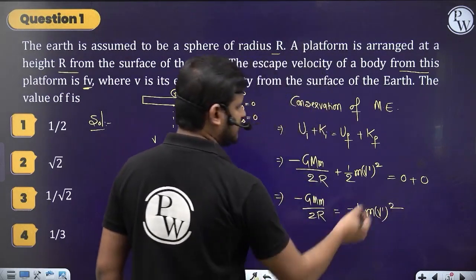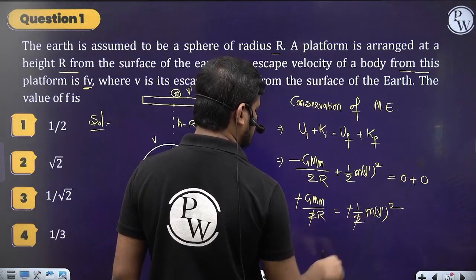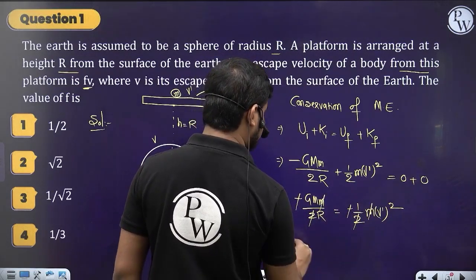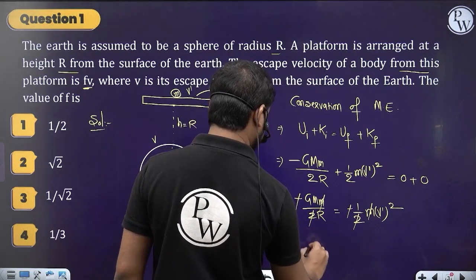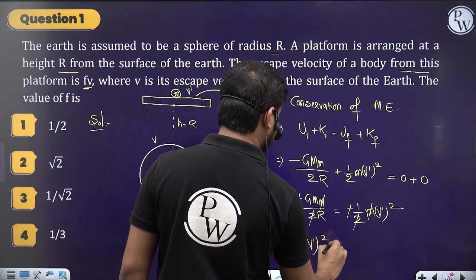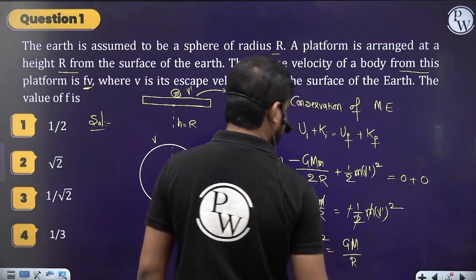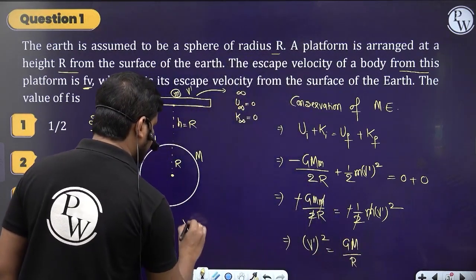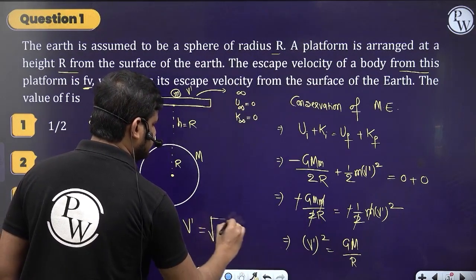Because those two are zeros, the minus gets cancelled, 2 gets cancelled, m gets cancelled. So V dash square is equal to GM by R, and from here V dash is equal to root over GM by R.